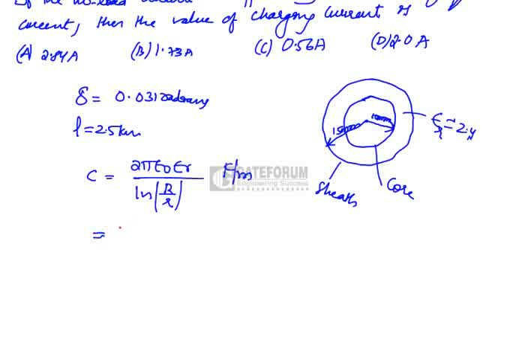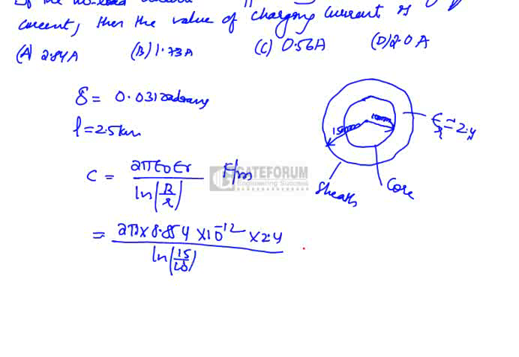Now this 2 pi into epsilon naught is 8.854 into 10 power minus 12, into 2.4, divided by ln capital R by small r. Capital R value is 15 mm divided by small r radius of 10 mm. This is farad per meter.